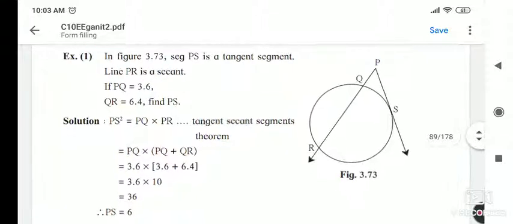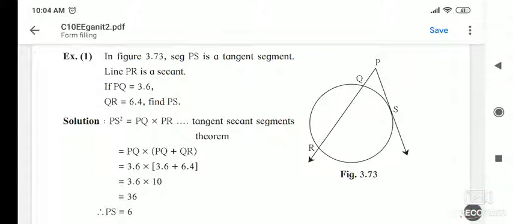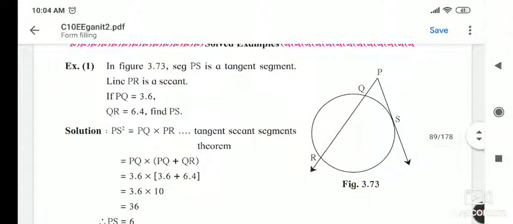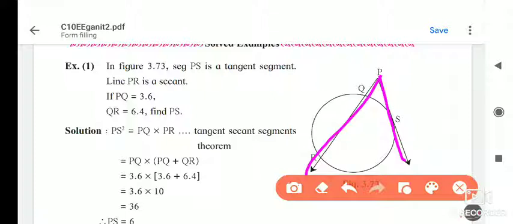How easy it is. So first of all, whatever is given in the question, we will see. PS is a tangent of the circle. PR is a secant.